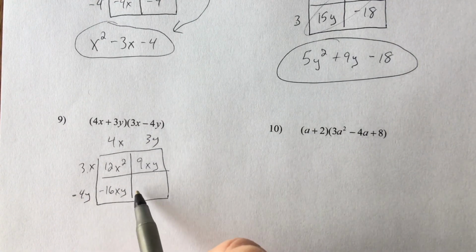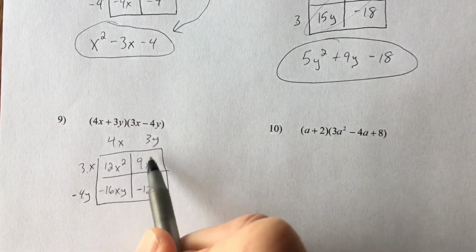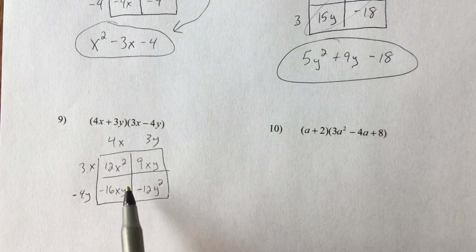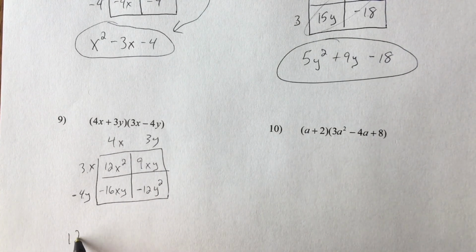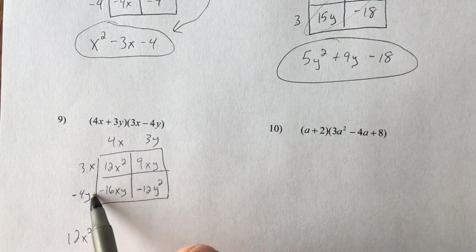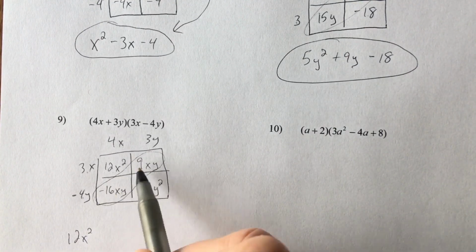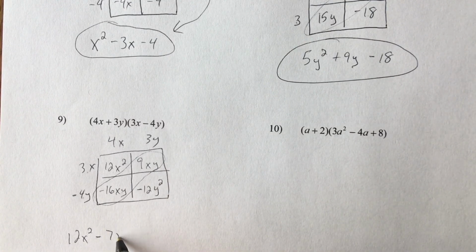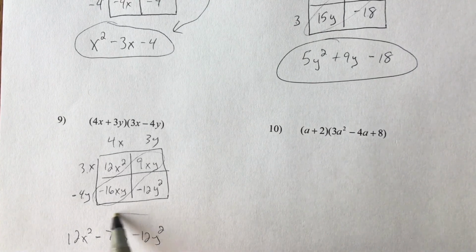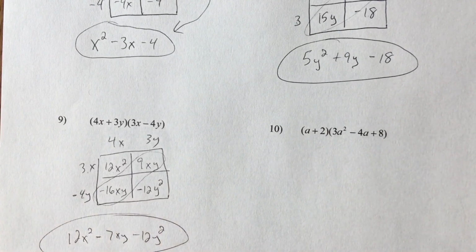And then 3 times -4 is -12. And we have y times y, which is y squared. All right, so I've got a 12x squared. I've got -16 plus 9, and they're both xy, so we can put them together. That's a -7xy. And then I have a minus 12y squared. So there's our answer there.